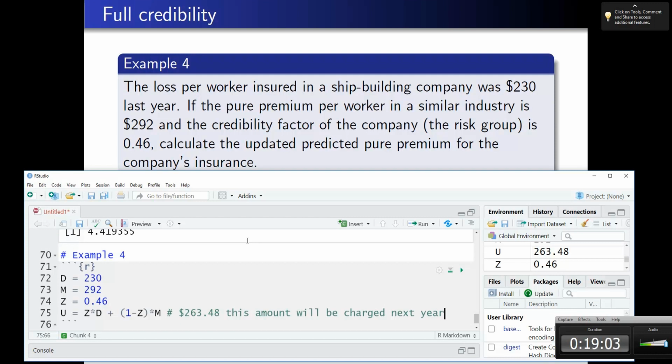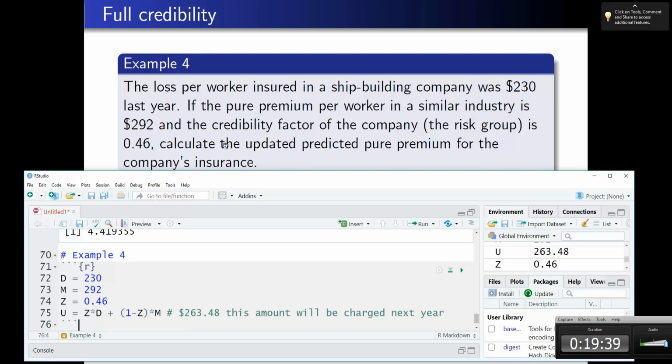So if Z equals 1, then we just stick with the D. If Z closer to 0, then we stick to M. So 0.46 is somewhere between 230 and 292, so we got this partial credibility. If we have a large data set, the larger the data set, the larger will be the credibility.